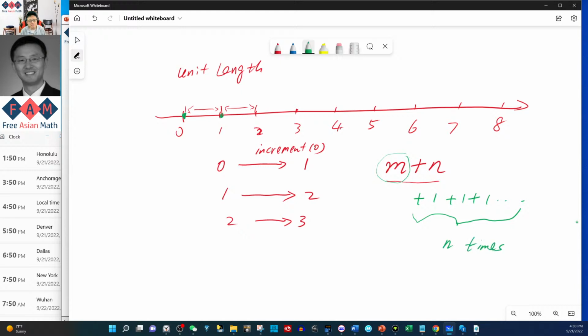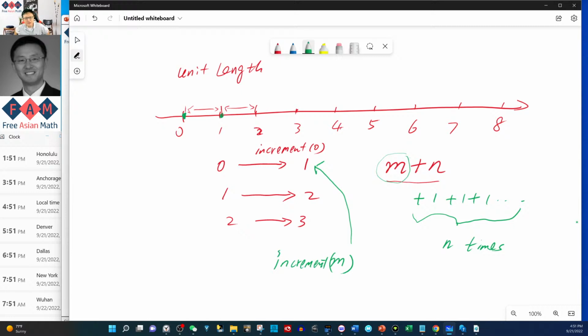And what is m plus 1? m plus 1 is nothing but this very first increment definition generalized to any number m. So m plus 1 is simply increment m.